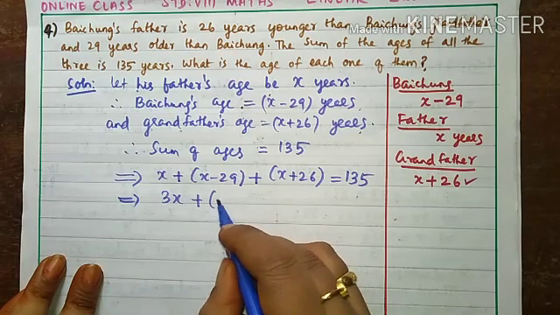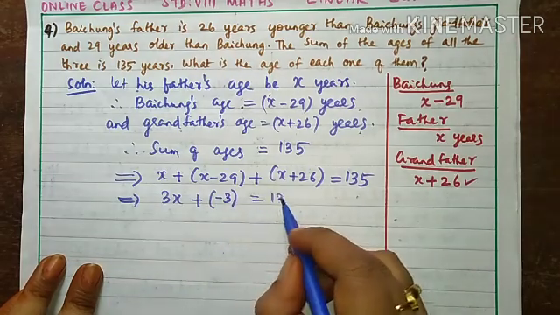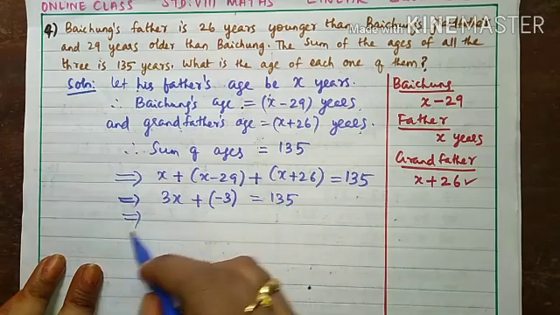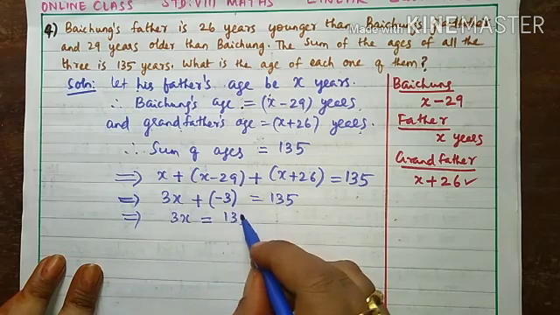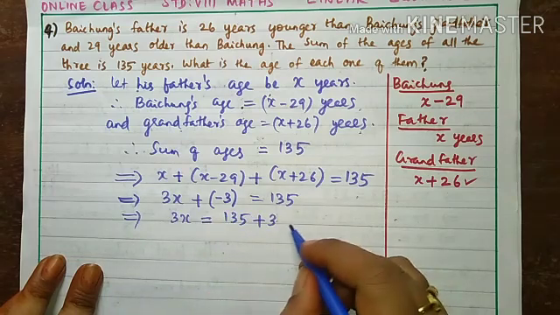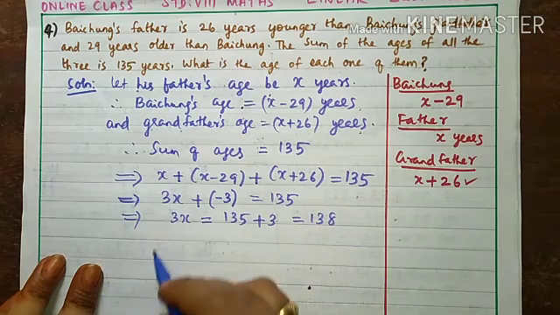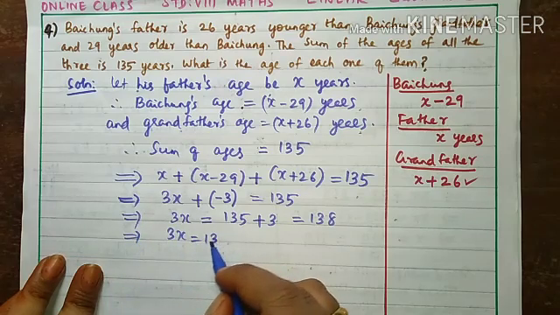So you are getting minus 3, equal to 135. Next step, you take this minus 3 and it becomes plus. So 3x equal to 135 plus 3. What is 135 plus 3? 138.